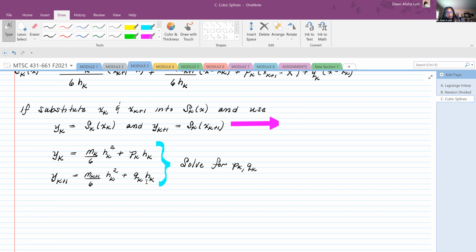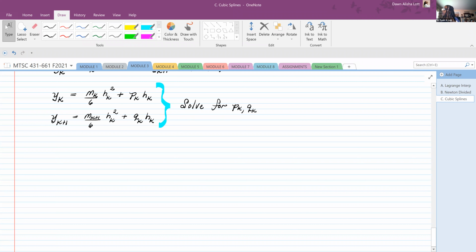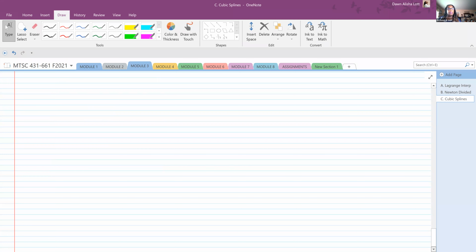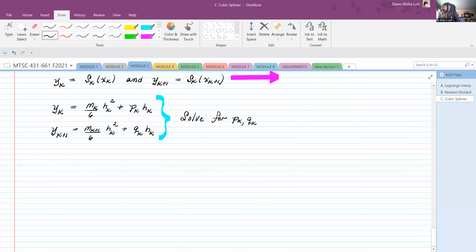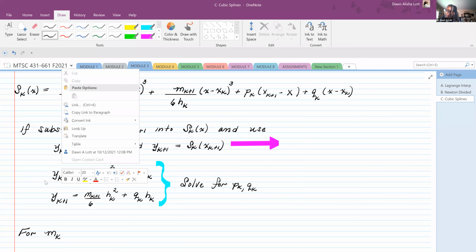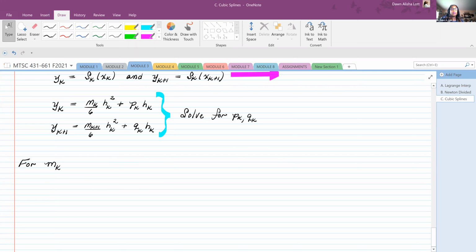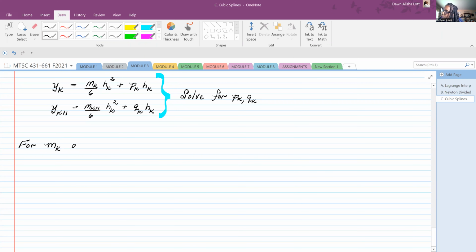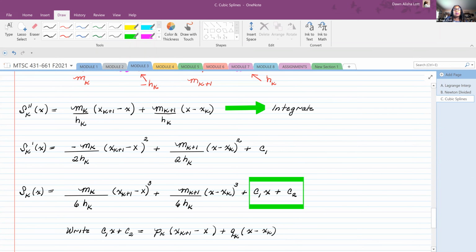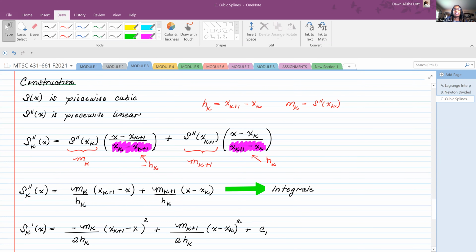Okay, so now we want to continue to derive what we need. All right, so for our mk and mk plus 1 unknowns, now remember mk and mk plus 1, those were the second derivatives of the function at particular xk.